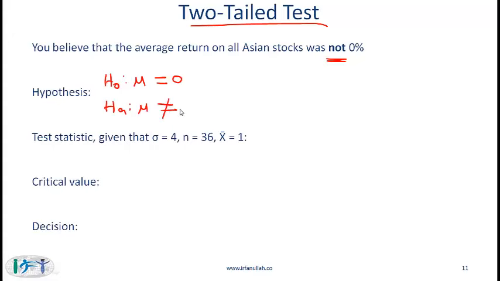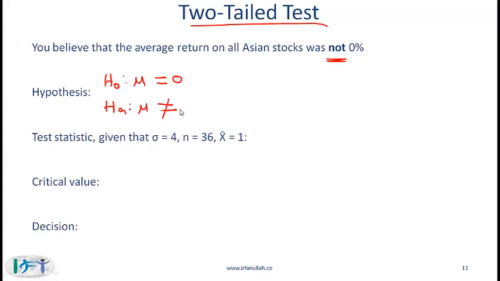For the critical value, we look at the normal distribution here, and notice that our alpha is still 0.05. I had not mentioned that earlier, but let's say that we want to use the same alpha that we have used before. Now, alpha 0.05 is distributed across both tails, and the reason is our null hypothesis is that mu is equal to 0.